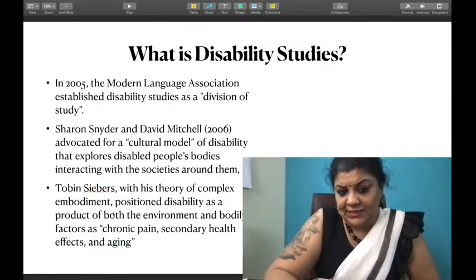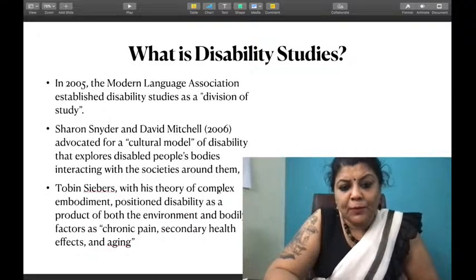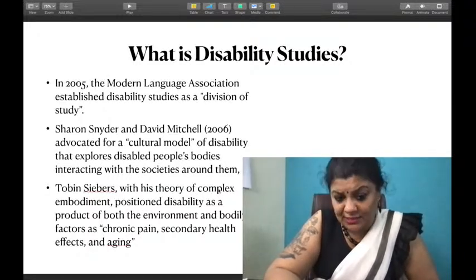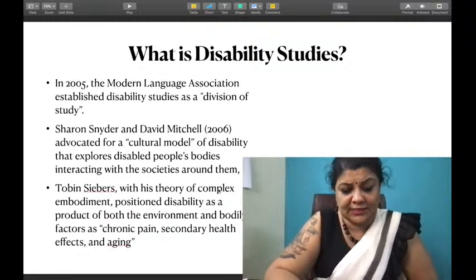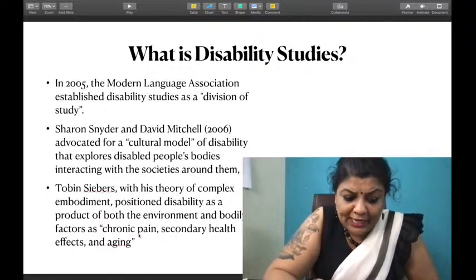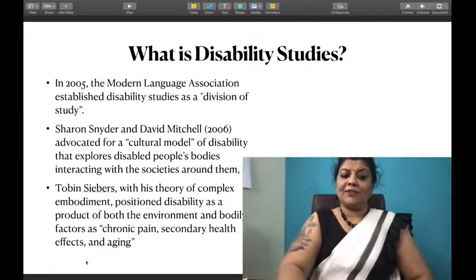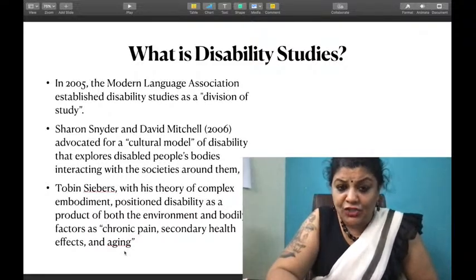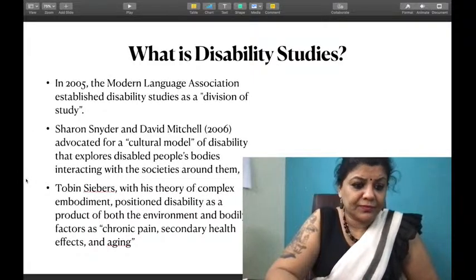Tobin Siebers, with his theory of complex embodiment, remember that theory, positioned disability as a product of both the environment and bodily factors. Disability as a result of chronic pain, secondary health effects, aging, and so on; you can do disability studies on these.